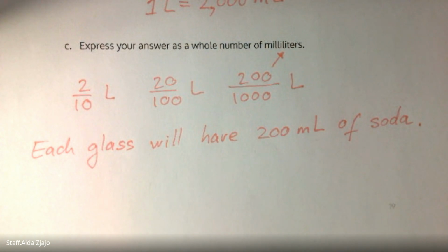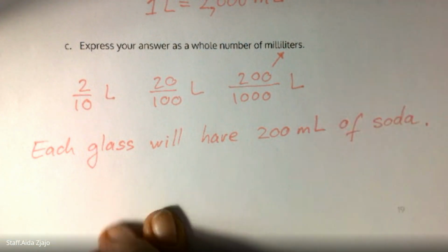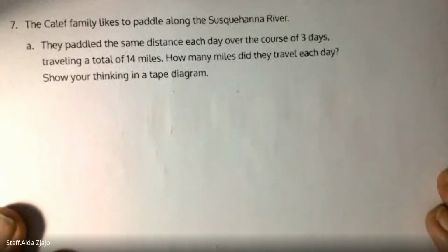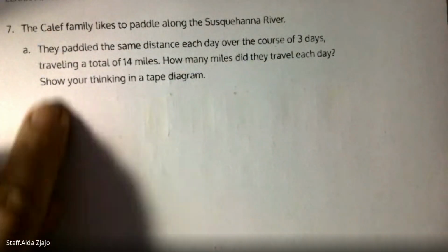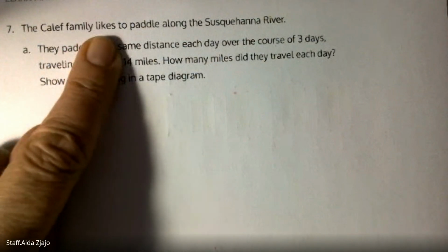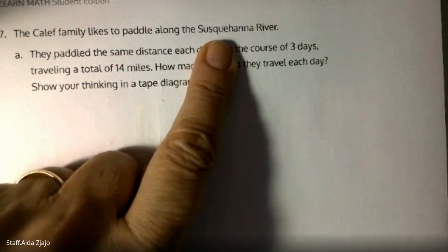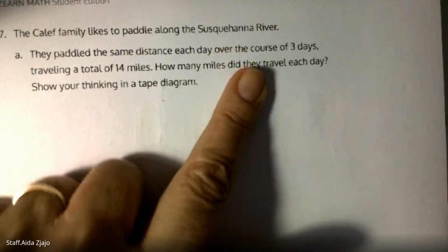Okay, that was problem 6. Let me see, do we have another problem in the back? Yes, we do have a number 7. The Caliph family likes to paddle along the Susquehanna River.